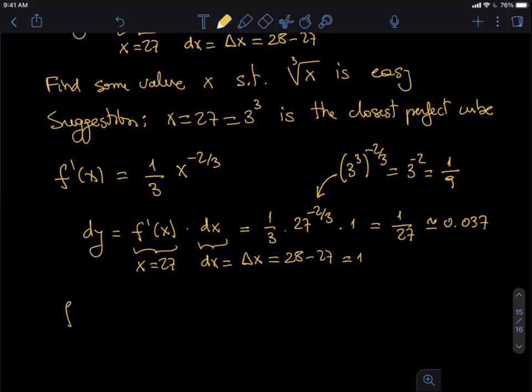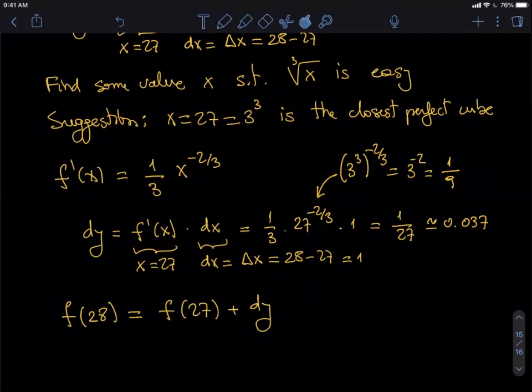So if I want to estimate f of 28, that is going to be f of 27 plus the difference in output. This dy approximates the difference between f at 28 and f at 27.